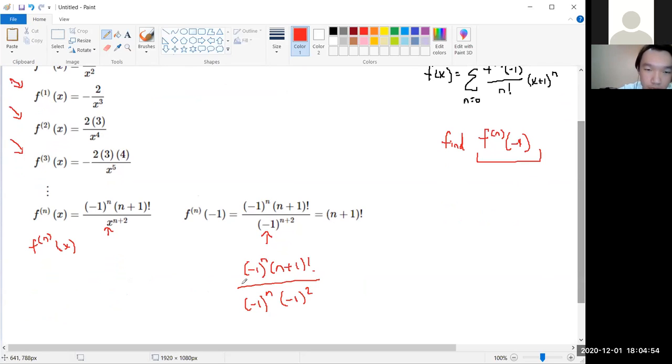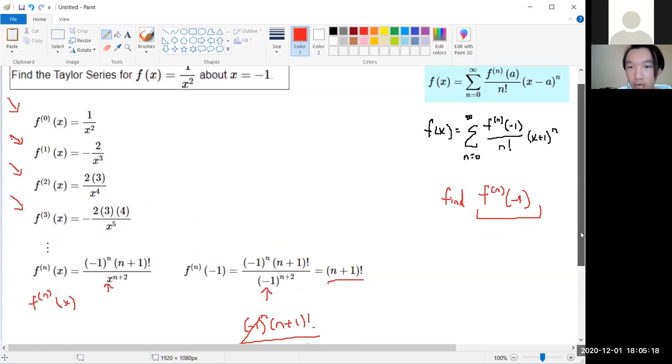So what happens is these two cancel out, and then -1 squared is just +1. So that just goes away, and then n plus 1 factorial is left. So that's why this simplifies to just this, okay? All right, so we've done it. We found f^n of -1, which is n plus 1 factorial.